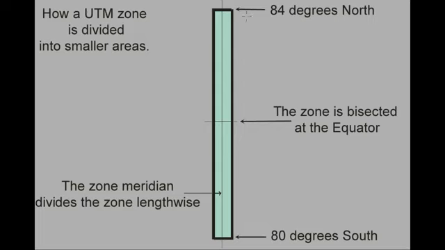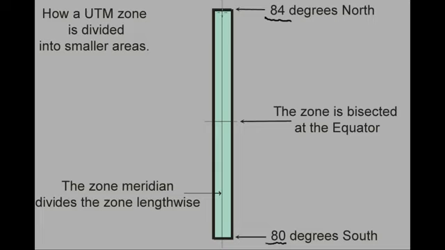Here we have a UTM zone that's been squashed flat into that nice rectangular shape, and up here at the top, of course, the zone runs to 84 degrees north latitude, and down here at the bottom it runs to 80 degrees south latitude, and we said the zone is 6 degrees of longitude wide, and the zone is bisected here at the equator. Then running the lengthwise of the zone, in the middle of the zone, is the zone meridian.